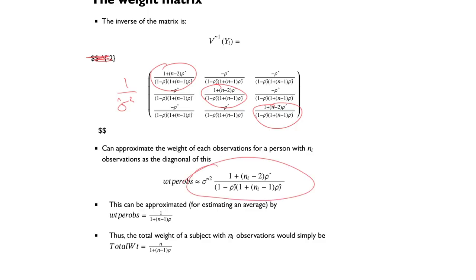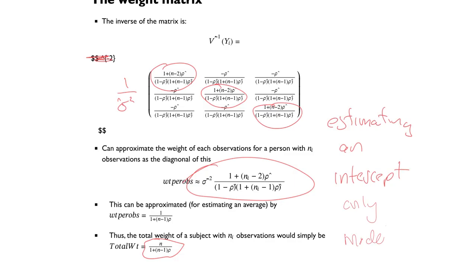So again, if you go through some math and you use some approximations, you can end up with this. So the total weight of a subject, this is like just estimating an intercept only model. So again, things will change somewhat if I have covariates in there.